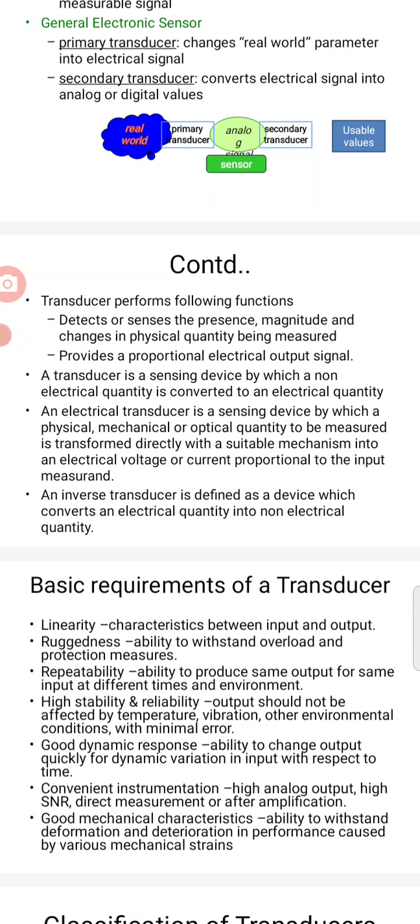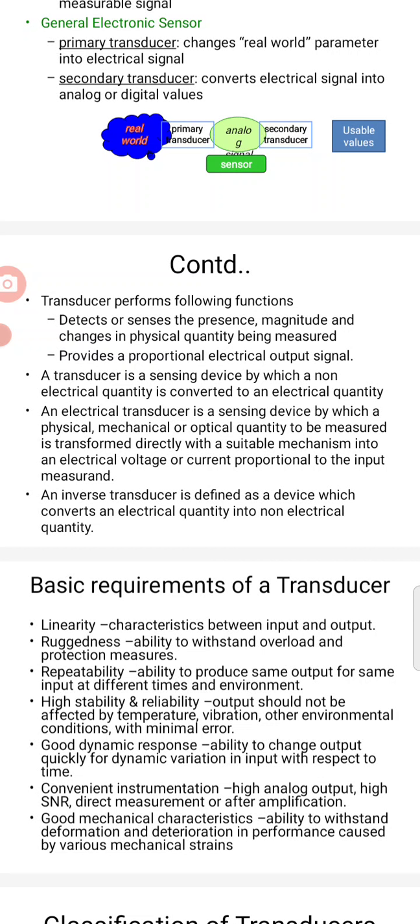This is a property in which it can withstand overload and has protection measures. Then coming to repeatability. Repeatability is nothing but whenever you measure the output at different times, the output should be the same. It should not change depending upon the environment.